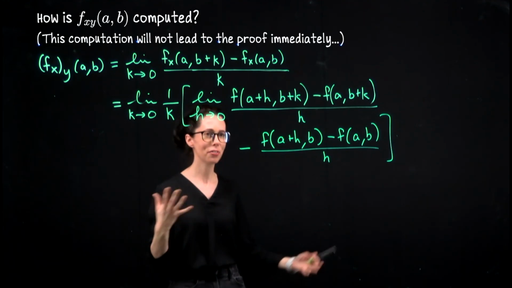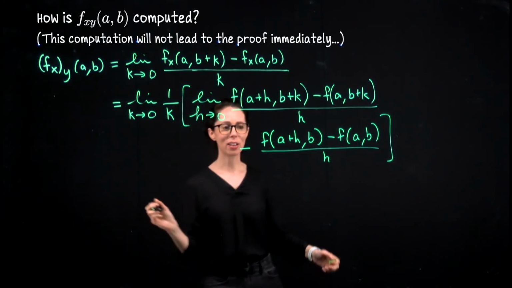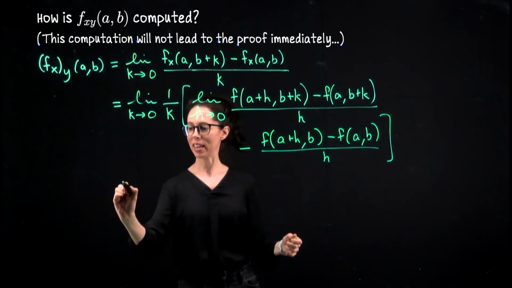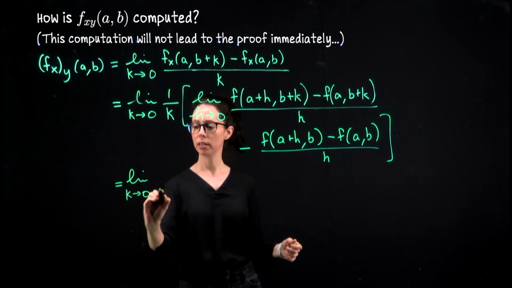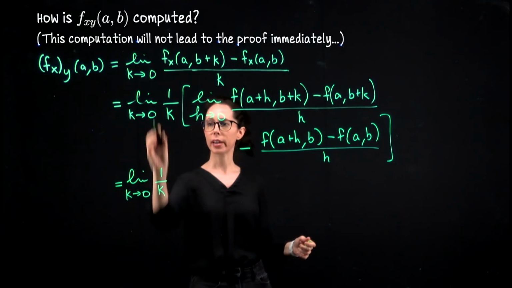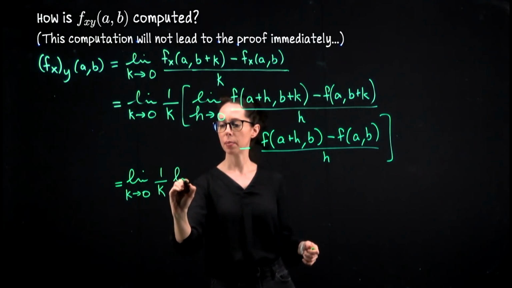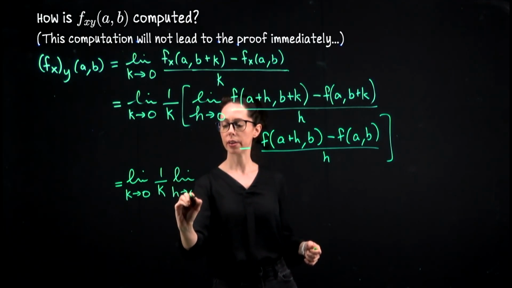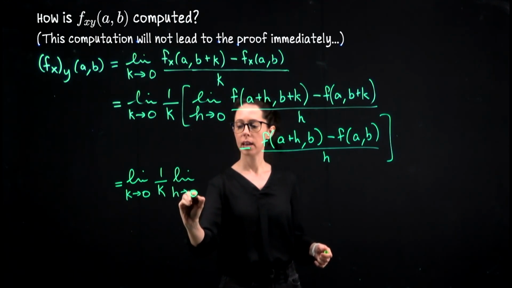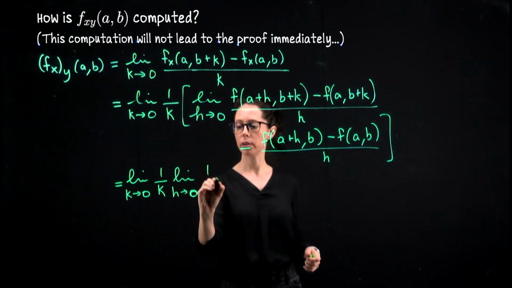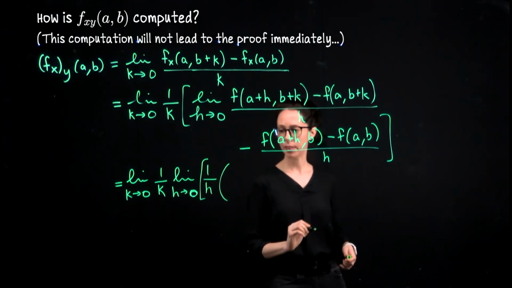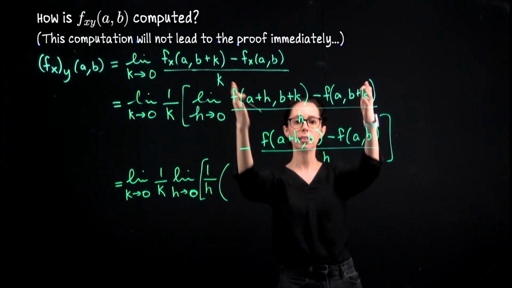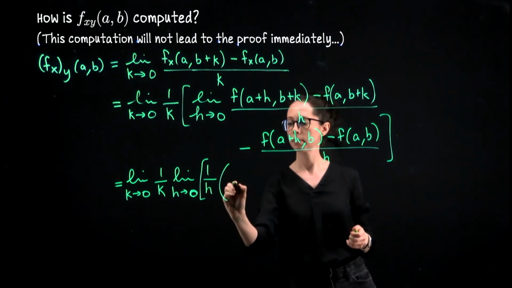I should have written it all in one line. Let me try to do that now. I'll write this as condensed as I can. This will be the limit as k goes to 0. I'm going to leave the 1 over k out here, times the limit as h goes to 0, and I'm actually going to pull 1 over h out front too, and have this minus this.